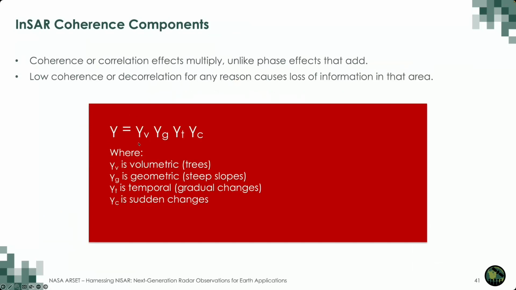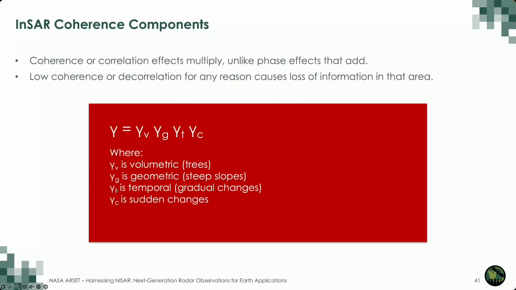And in this particular separation, I've separated out the volumetric coherence loss due to trees. There's also some amount of loss of coherence due to steep slopes.